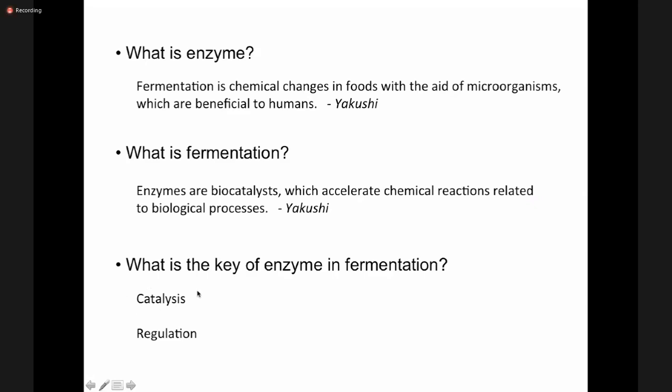It's obvious. But another issue is regulation. If you produce lots of compound like ethanol or glutamic acid, the regulation is very important. This is another interesting issue to consider for enzyme function. Okay, that's my talk today.